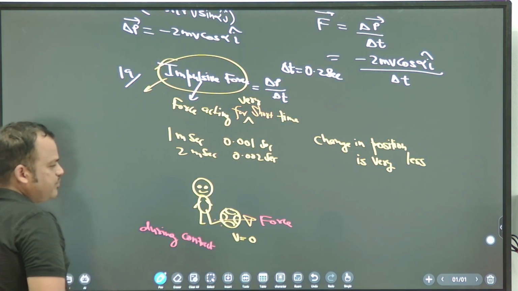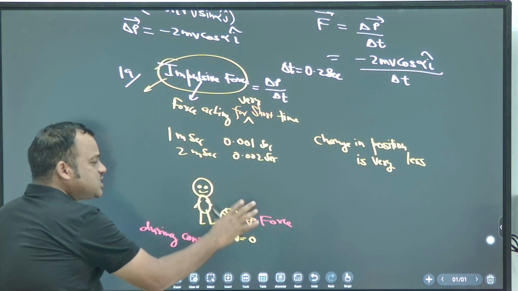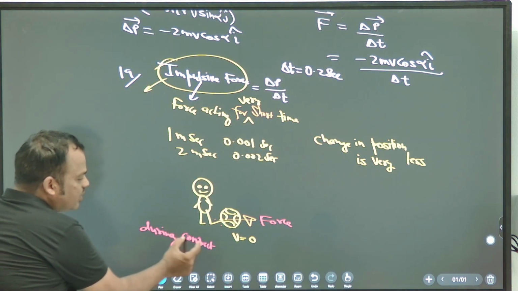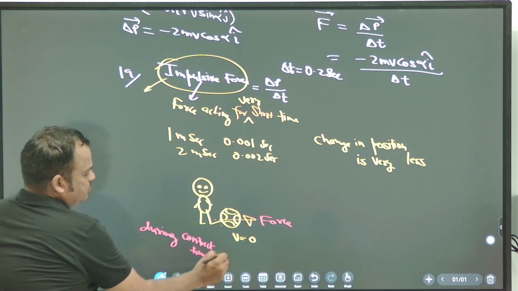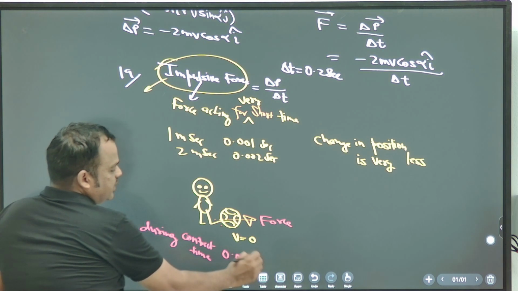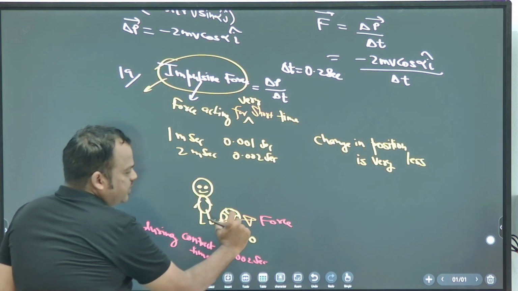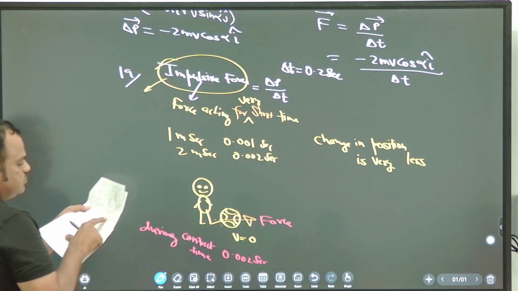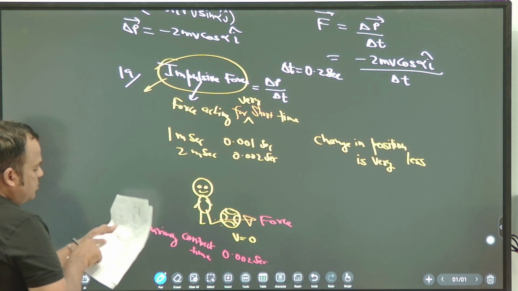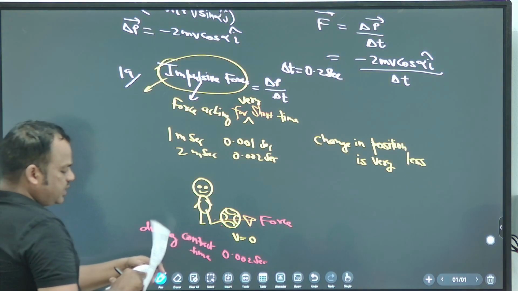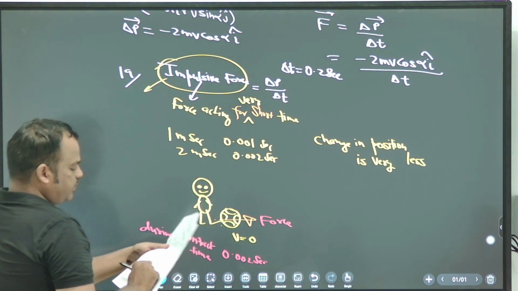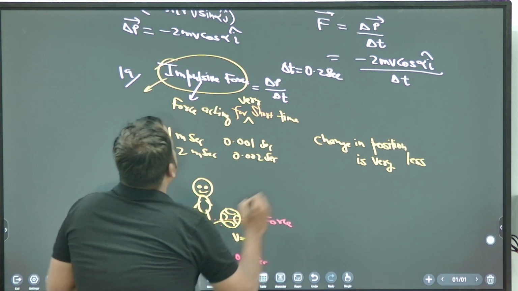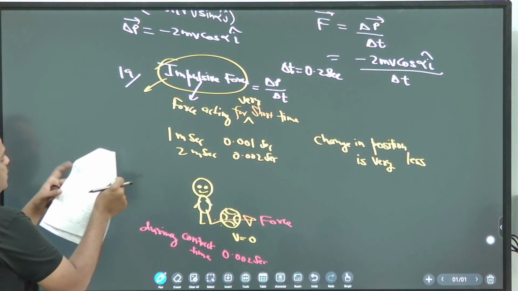When contact is lost, the football will go very far, but during contact time, maybe 0.002 seconds, it will shift very slightly. There is no appreciable change in position during impulsive force. So true it is. Note down: assertion is true.